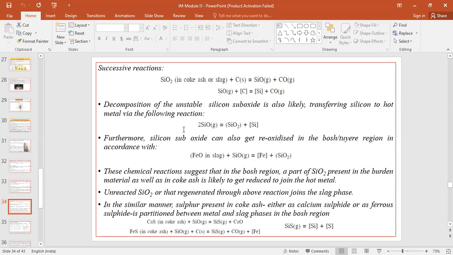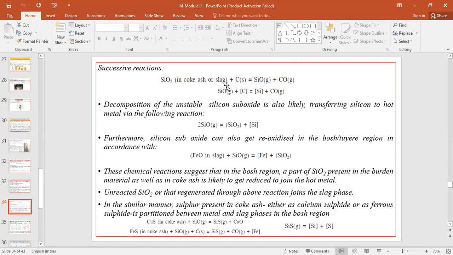Also, if you see the decomposition of the silicon suboxide, that will transfer the silicon to the hot metal. It is also possible that 2SiO will dissociate into SiO2 plus Si. So in this way, the silicon also enters the hot metal.